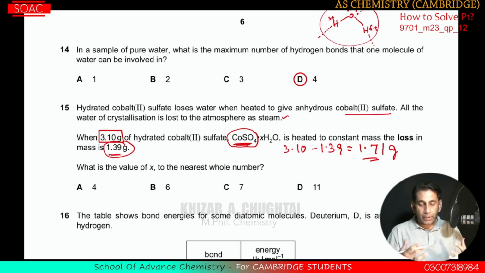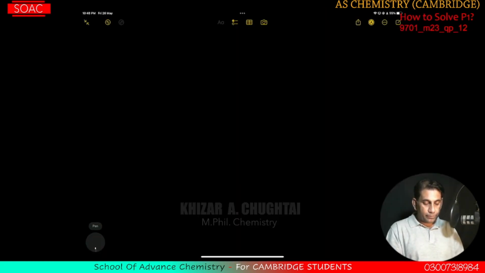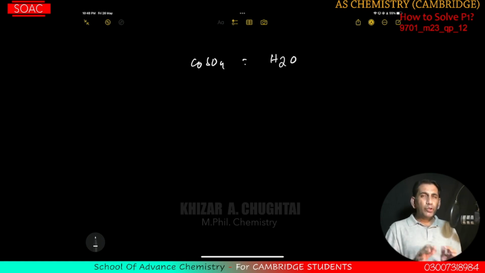I'm going to apply the basic steps of the empirical formula. So 1.71 cobalt sulfate and 1.39 water. Cobalt sulfate versus H2O. I'm going to make the empirical formula of these two species.